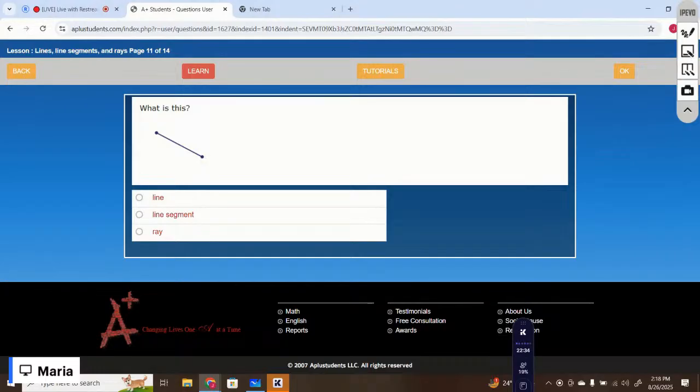What is this? The line segment, it is option number two.